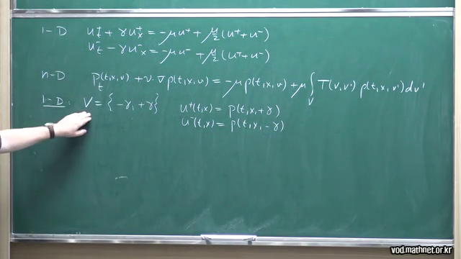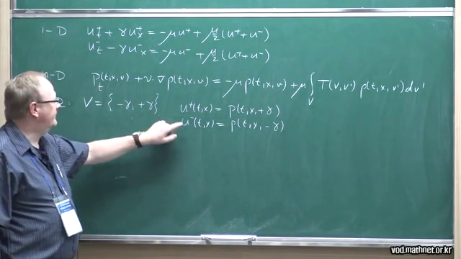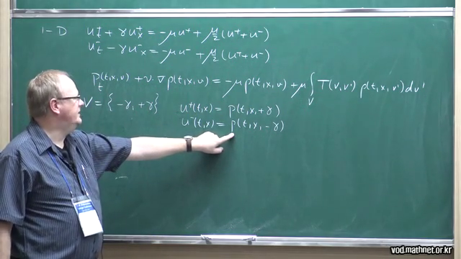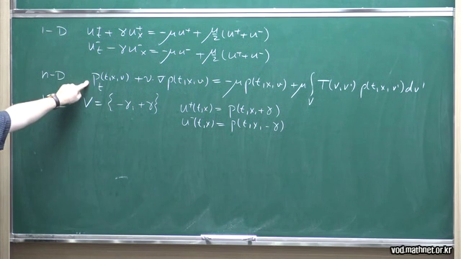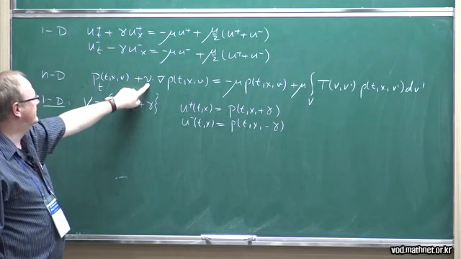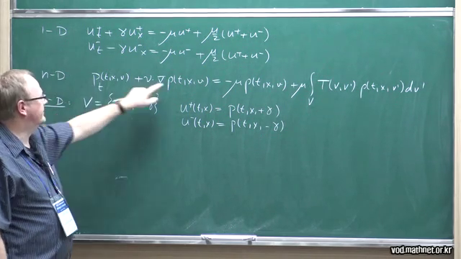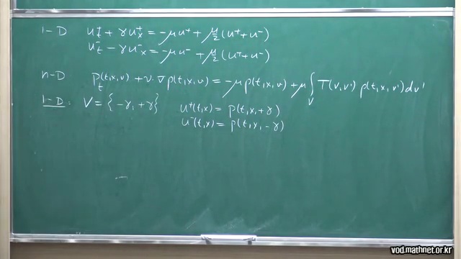So for each velocity, you have one of these p's. In the general case, this is not one equation, it is an infinite system of equations. For each v in the set capital V, we have this equation, but they're all coupled together.